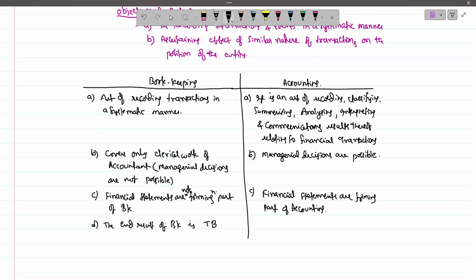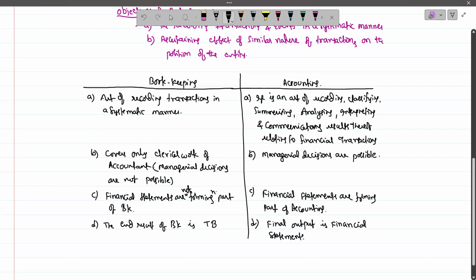In case of bookkeeping, the end result, the final output of bookkeeping, is nothing but the trial balance. But in case of accounting, the final output is the financial statements of the entity.